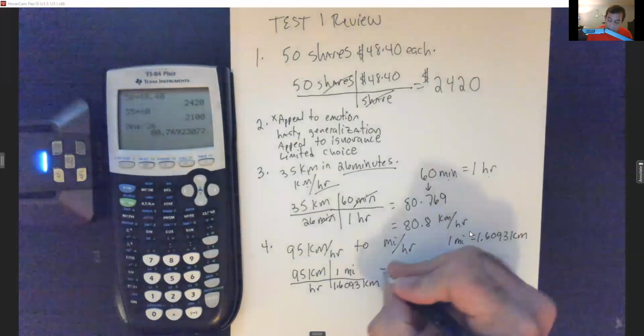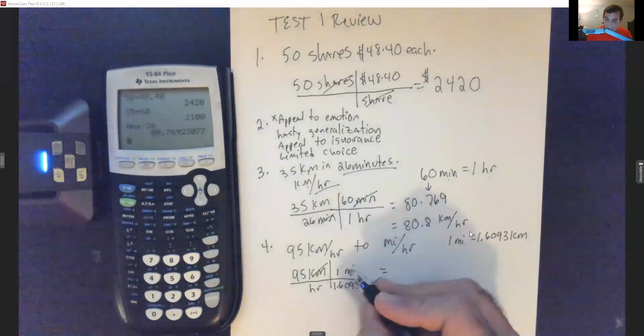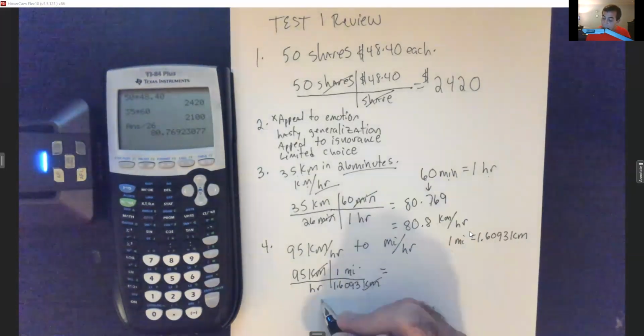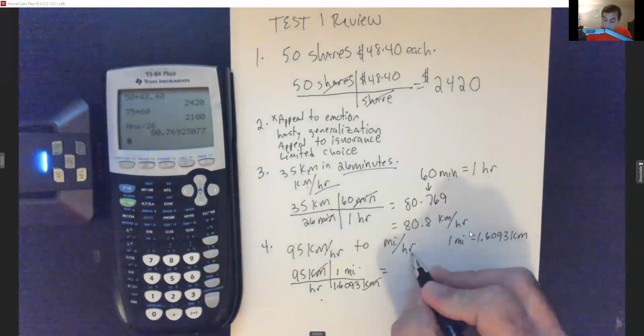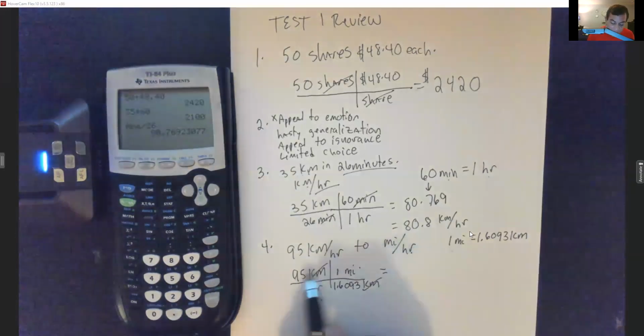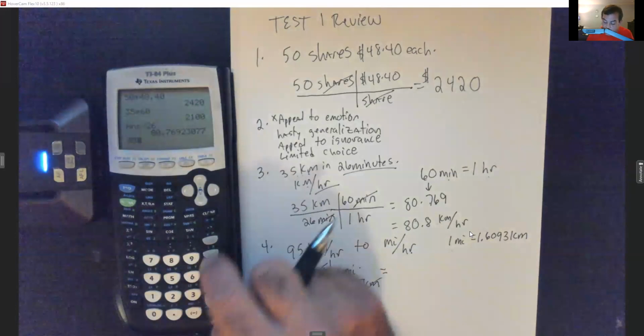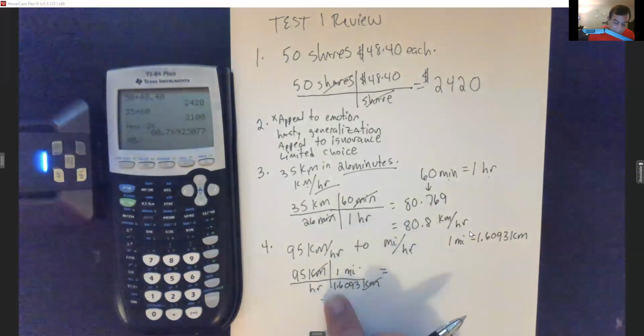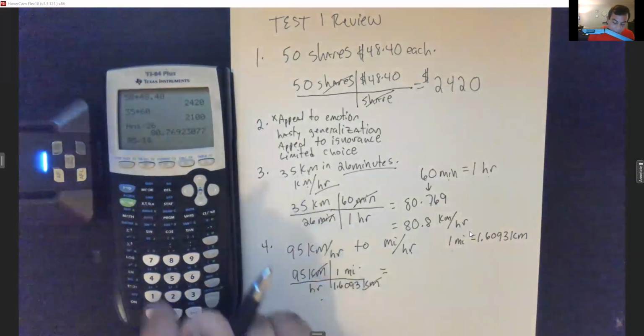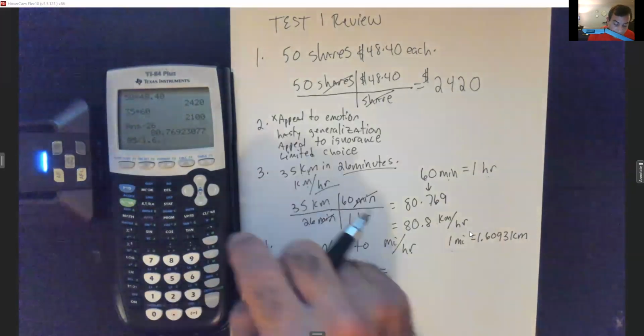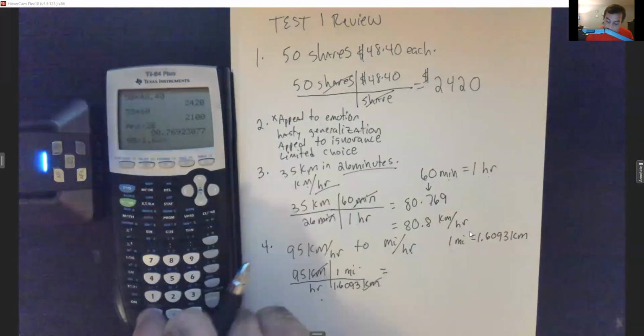All right, so the kilometers will cancel, and I'll now have miles on top, hours on bottom, which is what they wanted. So this one, we take the top 95 and divide by what's on the bottom, and that is 1.6093.